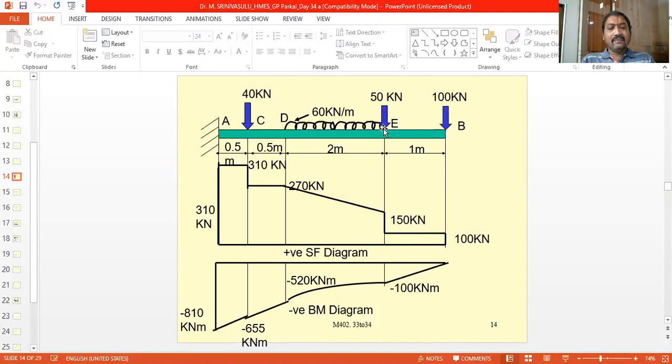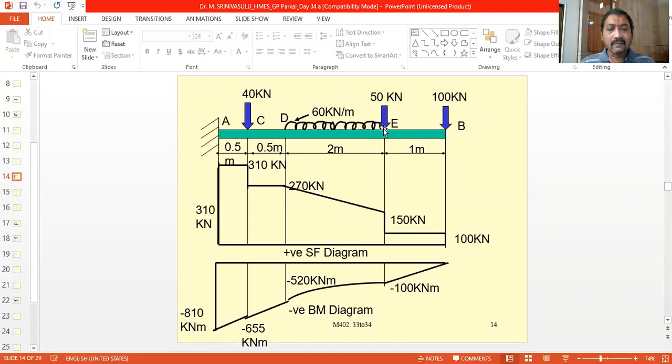So AB is the cantilever, and in between we got the points C, D, E. Now it is very simple here. Only thing is this problem is also similar to the previous problem. Only thing is that here we got more point loads. So once we solve this, we can solve any kind of this problem.